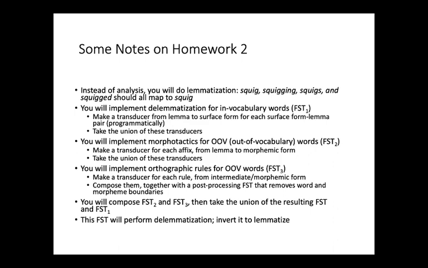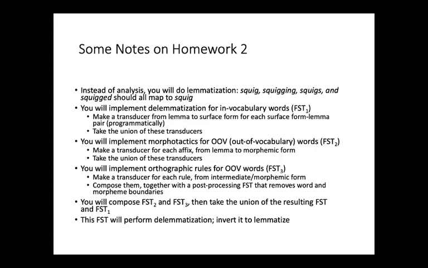Because it's invertible, right? So it's no extra work to do that, if you did a good job, which you will, I'm sure. So you'll do lemmatization. So squig, squigging, squigs, and squigged should all map to squig.